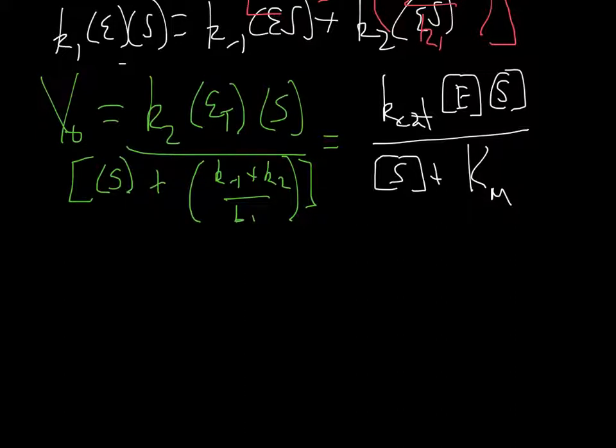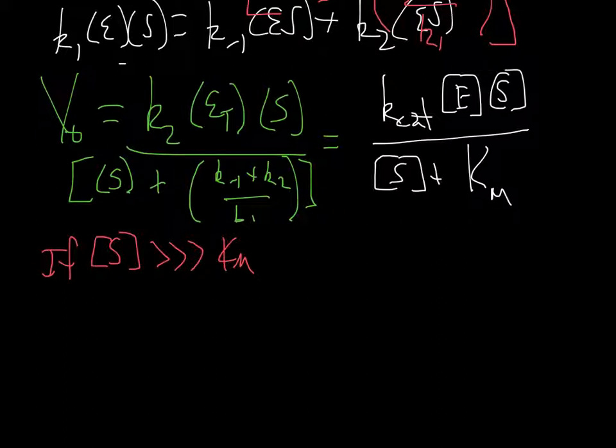Okay. All right, so we're going to just talk about what happens when substrate gets really, really big. So under conditions, so if the concentration of substrate is large, so that's where it's much, much, much greater than Km.